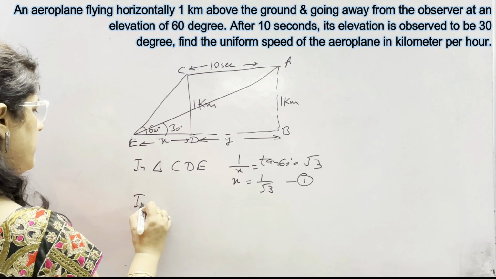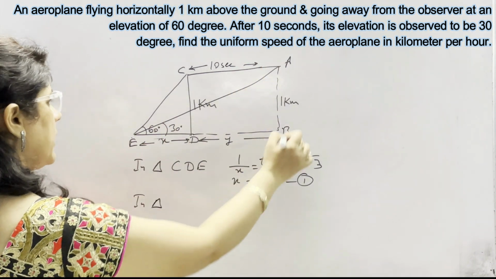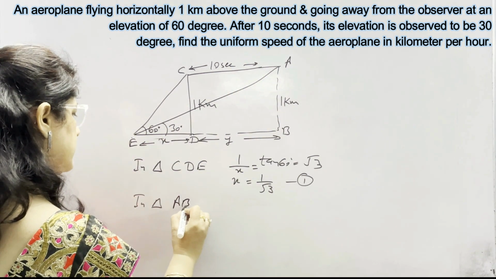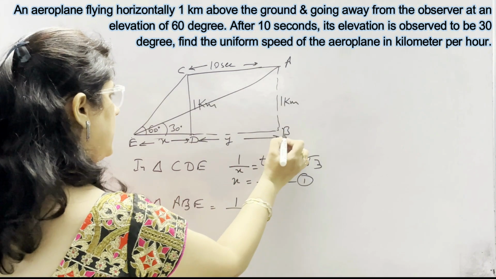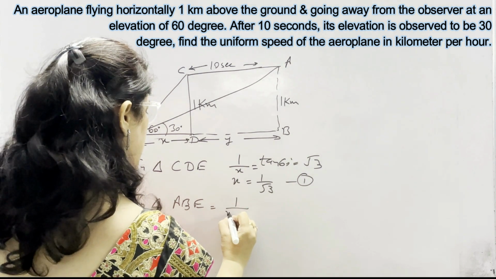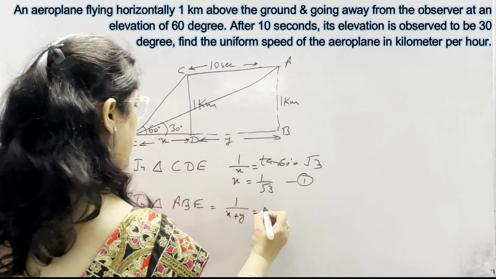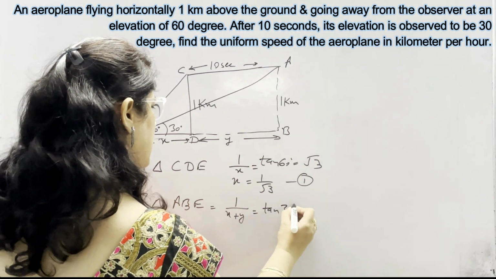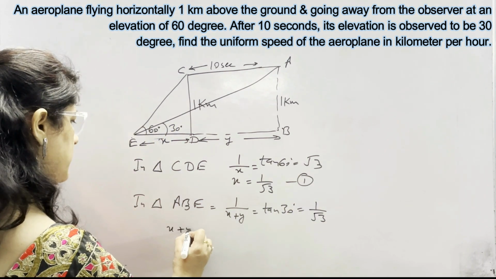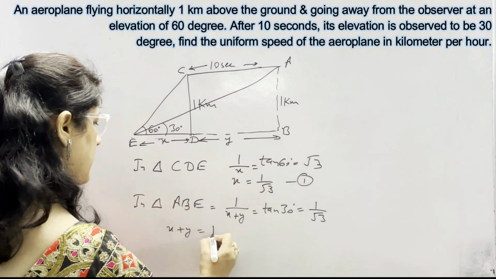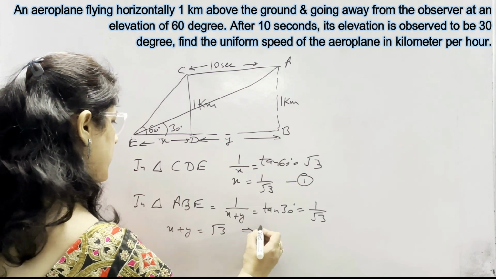Now in the bigger triangle ABE, the perpendicular is 1 and the base is this whole X plus Y, and the angle is 30 degrees, tan 30 degrees, which means 1 upon root 3. So X plus Y, cross multiplying, is equal to root 3.